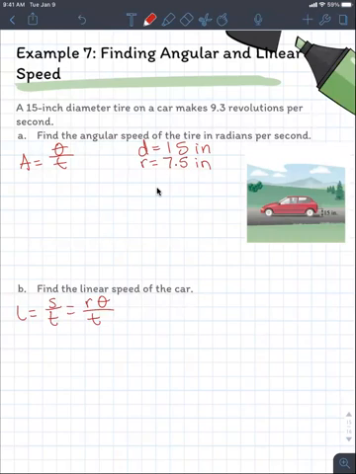So we have that it's 9.3 revolutions per second. So how long is the outside of the tire? Because that's what we need to figure out, because we need to figure out the arc length. So how could you find that out?